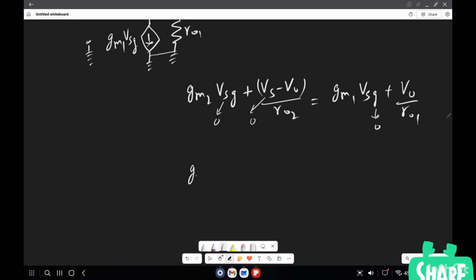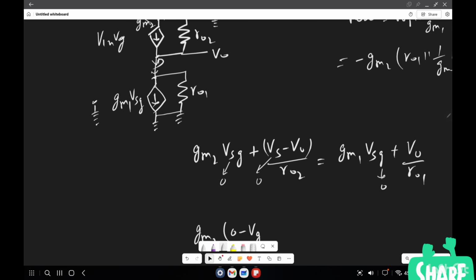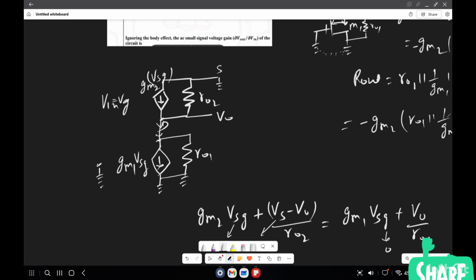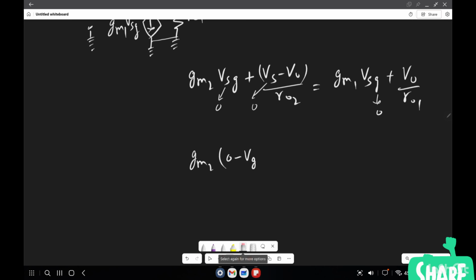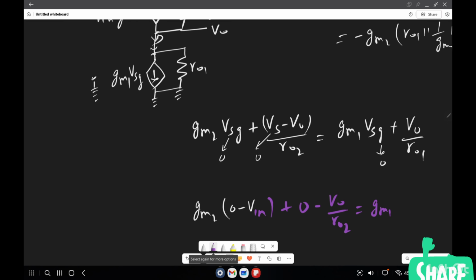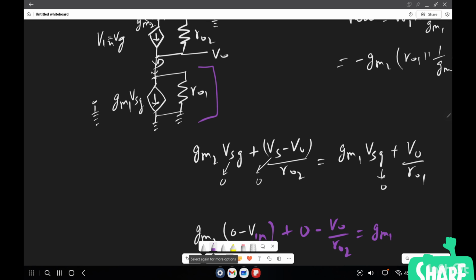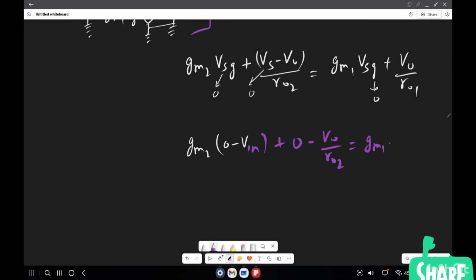So we will put gm2 into (0 minus Vg). Vg is Vin; for gm2, Vg is Vin here. So we can put Vin directly, plus Vs is 0 here, minus Vo upon ro2, equal to gm1 into Vs. In this case, for this MOS, Vs is Vo, so Vo and V gate is 0, minus 0, plus Vo upon r1.